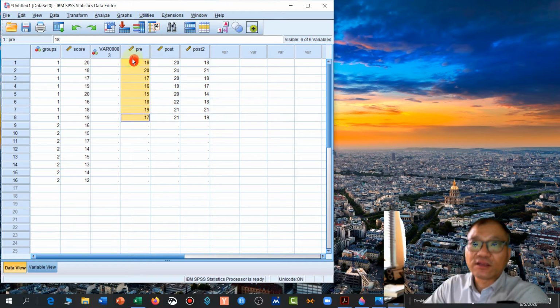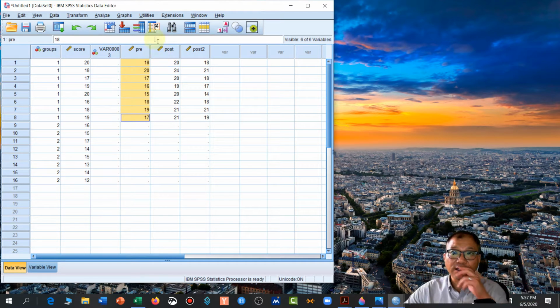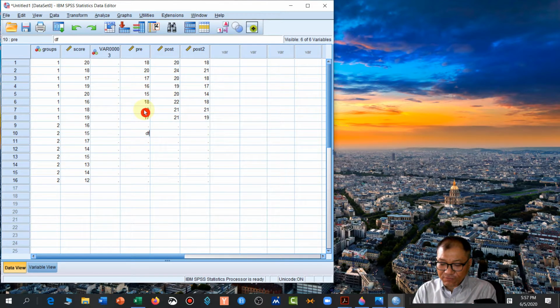However, if you look at the second column in the table, you can see pre and post. Don't pay attention to post 2, that I just put as an example to show you which one is significant and which one is not really significant. So if you look at the second table, dependent t-test, you have 8 people right there. 1, 2, 3, 4, 5, 6, 7, 8. 8 people could be patients or 8 members who took the pre-test and the post-test as well.